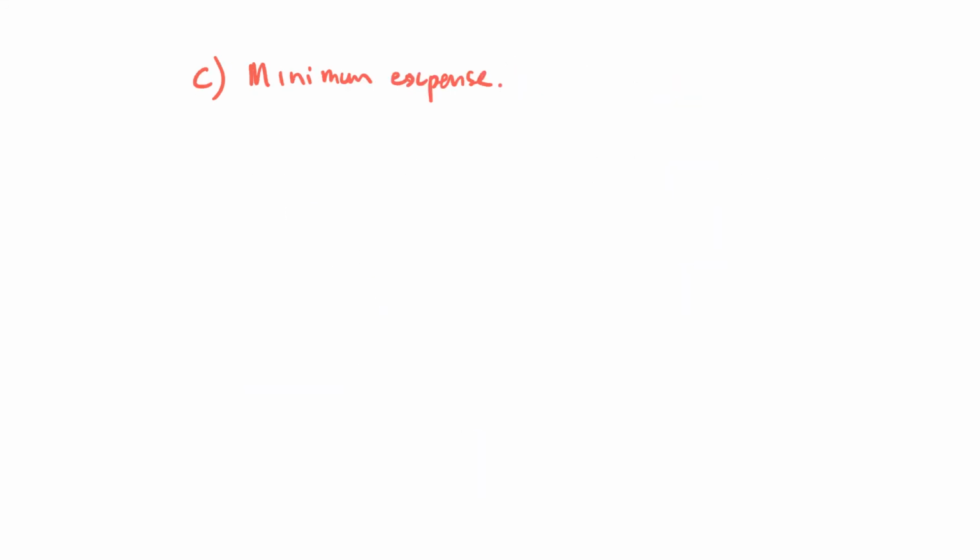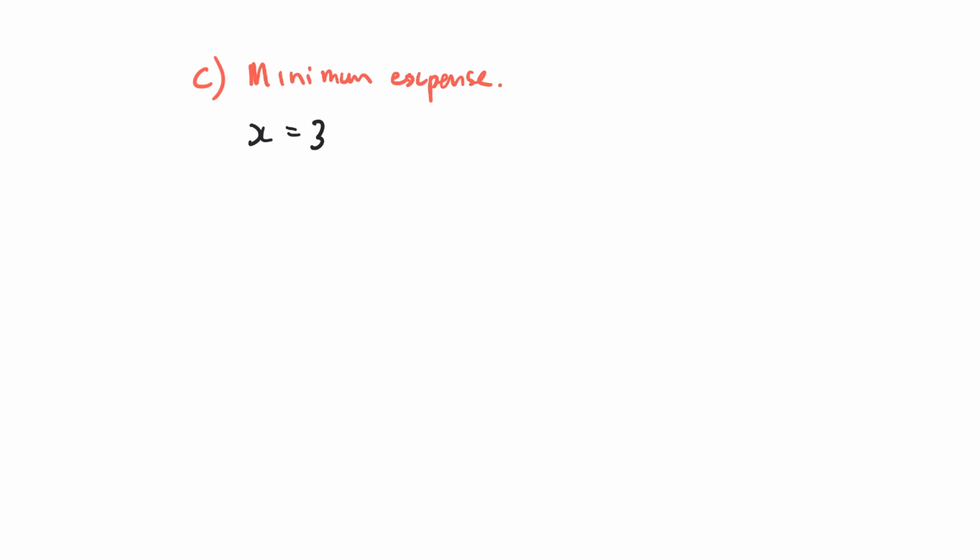Okay, the final part of this question asked us to find the minimum expense of this business. We've done a lot of the groundwork for this question already in part B. That's where all the work was done. We said that the minimum expense is going to occur when x equals 3, or 300 items were being made.